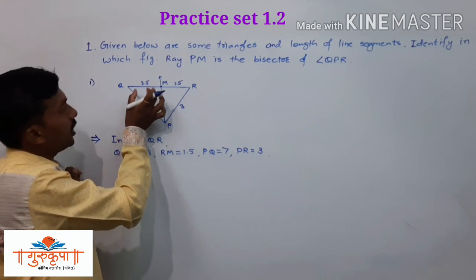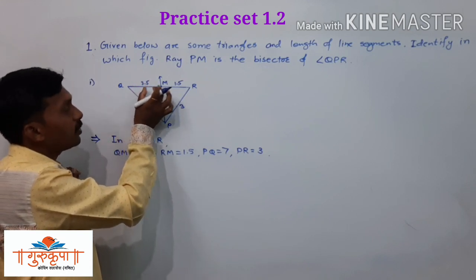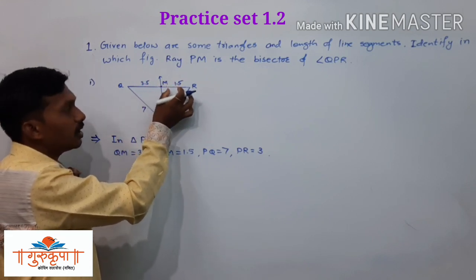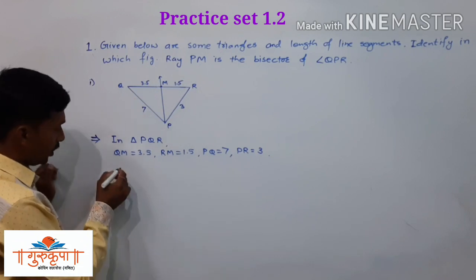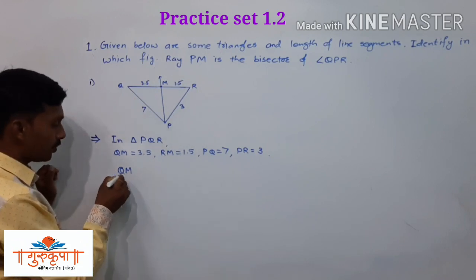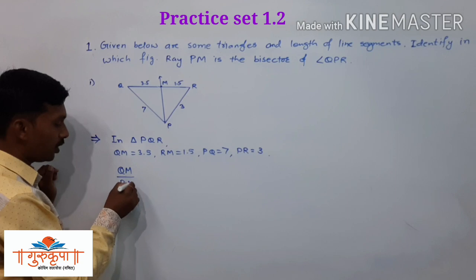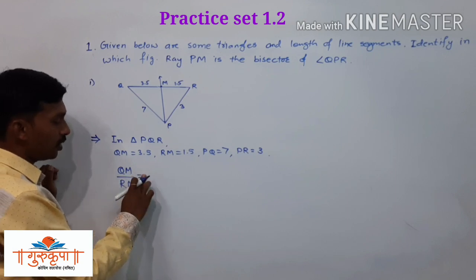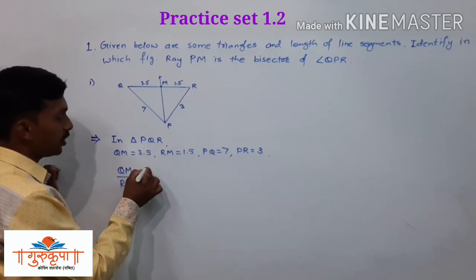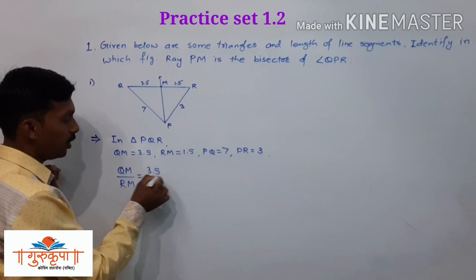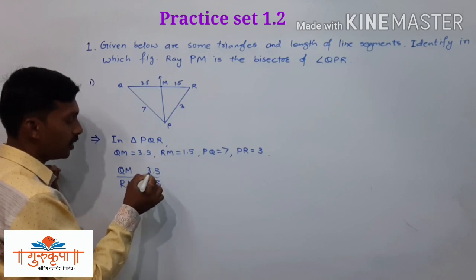Now here we will find the value of the first ratio, that is QM upon RM. So QM upon RM is equal to the value of QM, 3.5, upon the value of RM, 1.5.